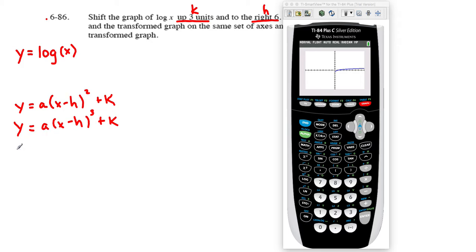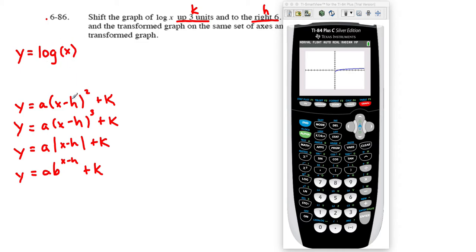We also had the absolute value, and exponential, where y was equal to a times b raised to the power of x minus h, all plus k. And we've got several more here, but I hope that you're getting the idea. If we're thinking about y equals the log of x, what could we do here?